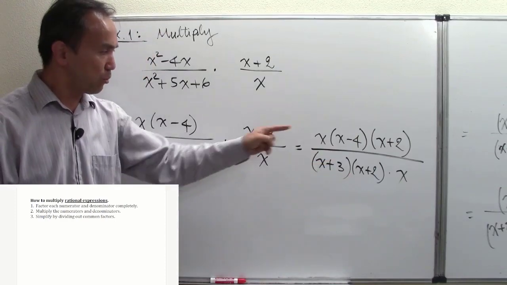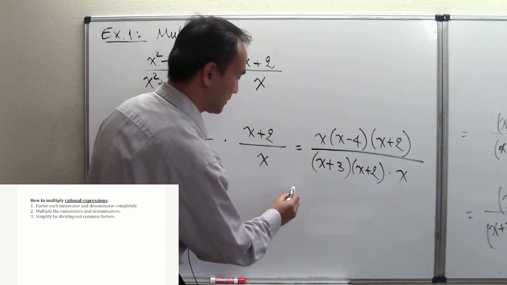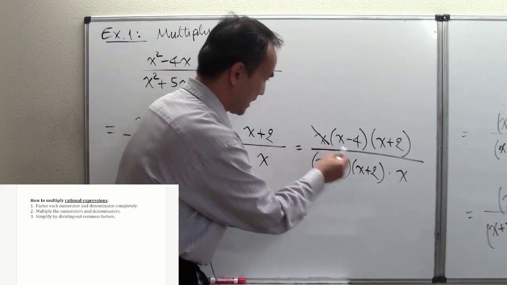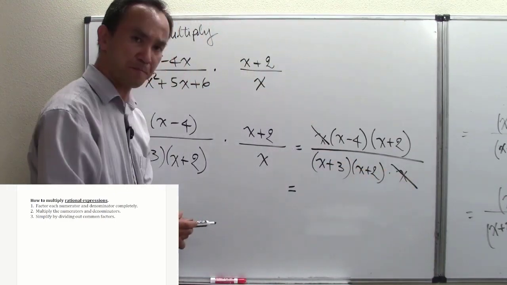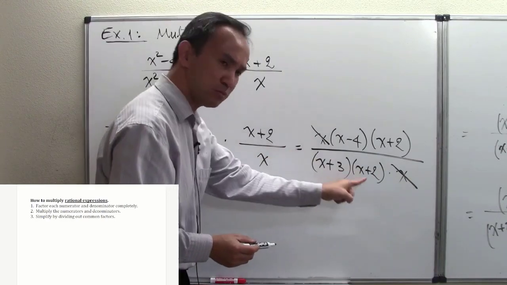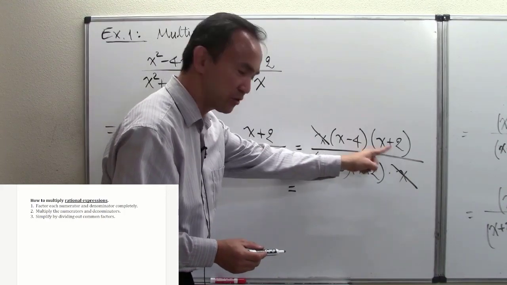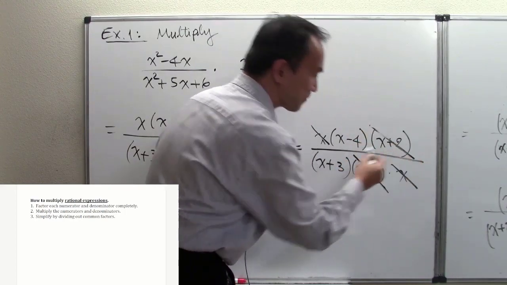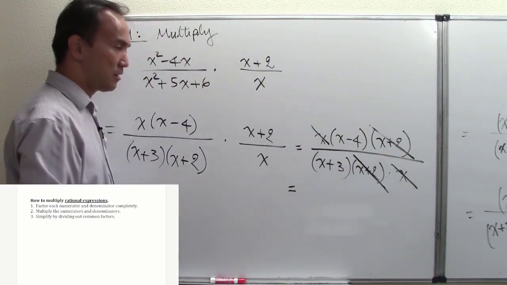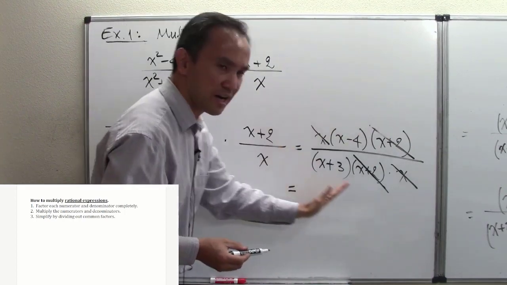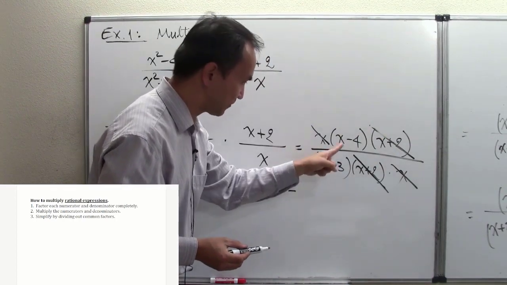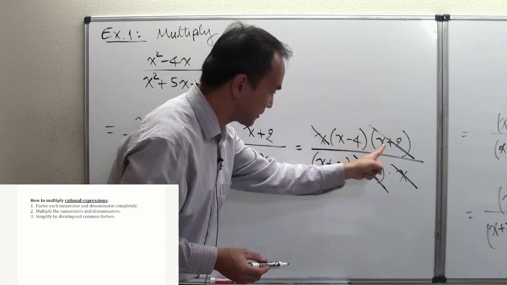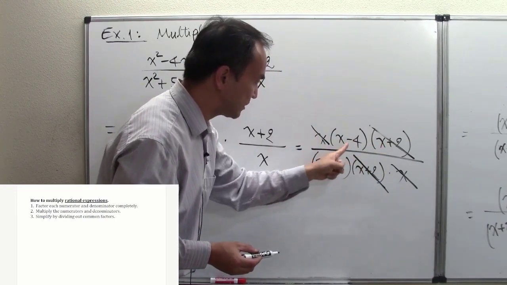And so at this point, I have recognized x and x is a common factor that will get canceled away, or divided away. The x plus 2 and the other x plus 2 is another common factor that can be divided away. And so in this entire final rational expression, after dividing away the common factors, we have only these remaining factors.